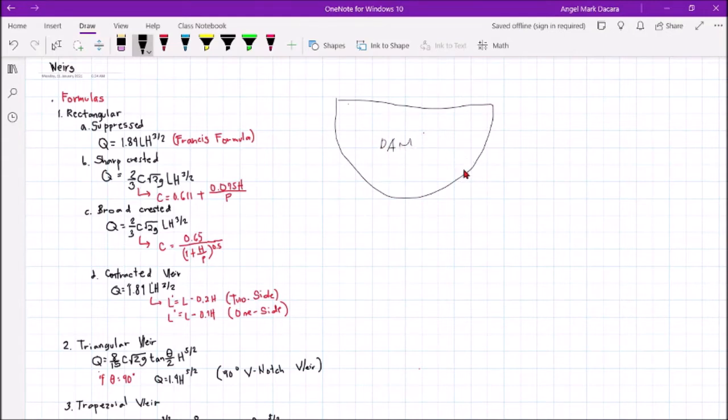Tapos, syempre, diba yung mga dam, meron niyang mga gates sa dulo. Okay? Those gates are used to release water. Kung kailangan maglabas ng tubig, edi bubuksan yung gates. Okay? So, yung gates na yan, syempre, hindi naman basta-basta bubuksan yan at pakakawalan nila kung saan yung tubig. Okay? Syempre, controlled pa rin ang flow dyan.